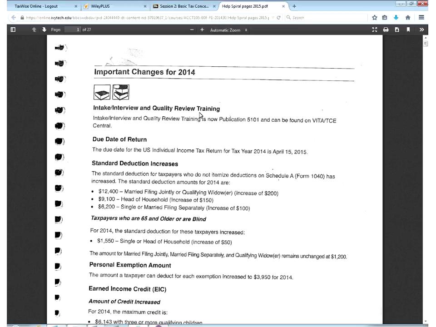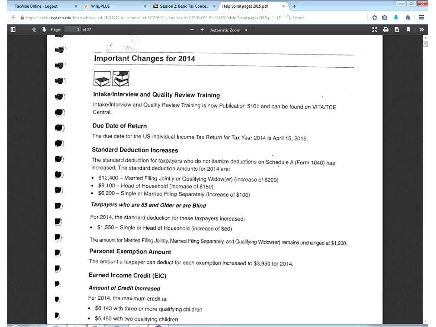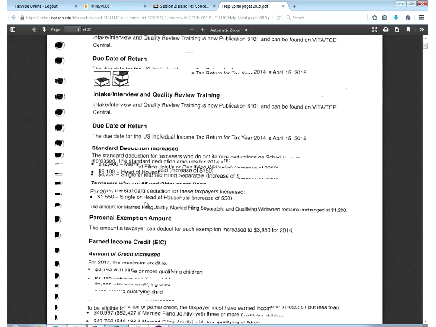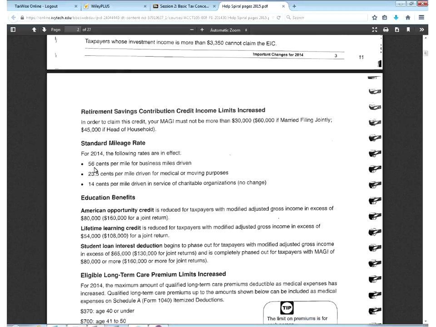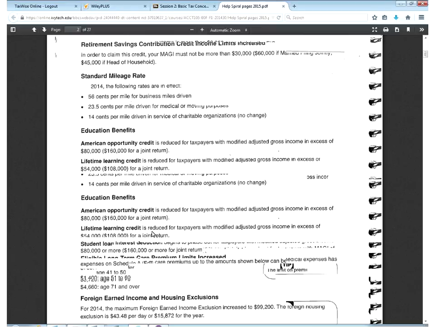If you are already somewhat familiar with tax law, you can just use the first couple pages to see what the big changes were this year. For example, the standard deductions went up, and we'll talk about this this week. What else? I saw mileage down here. Mileage went to 56 cents per mile. And there are some other things you can find quickly if you're already good at tax law.